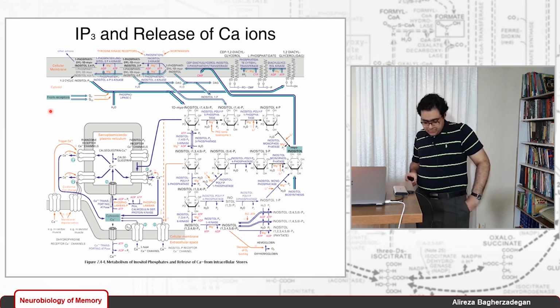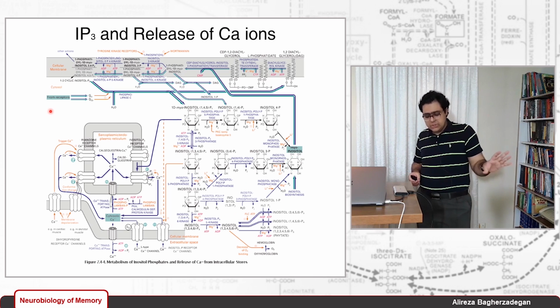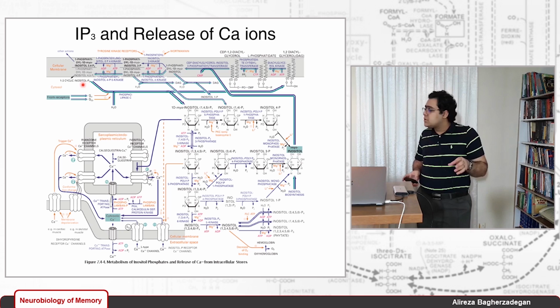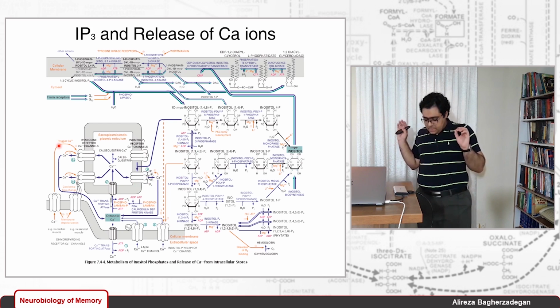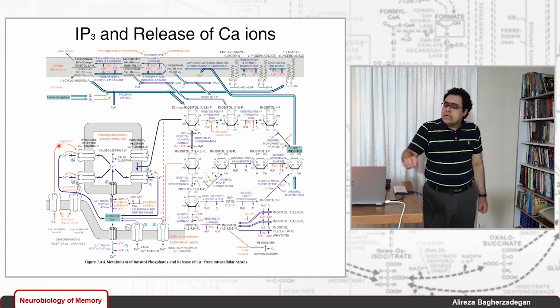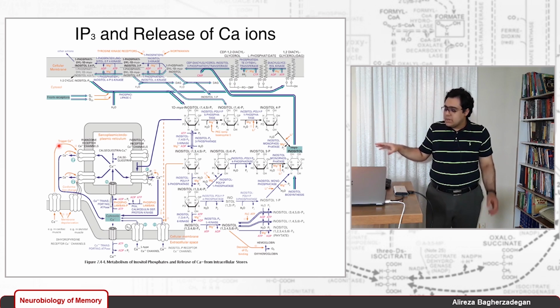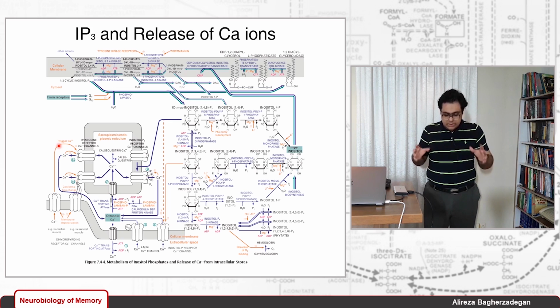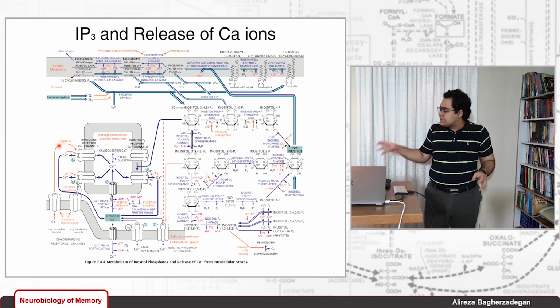It shows the production of IP3 and diacylglycerol from phospholipids, and also the release of calcium ions because of these IP3s. I'm not going through all of this, but the reason I'm including this slide as the last slide of this lecture is that I want to just show you how complicated signaling and signal transduction pathways can get, and how messy sometimes they can get inside a cell.